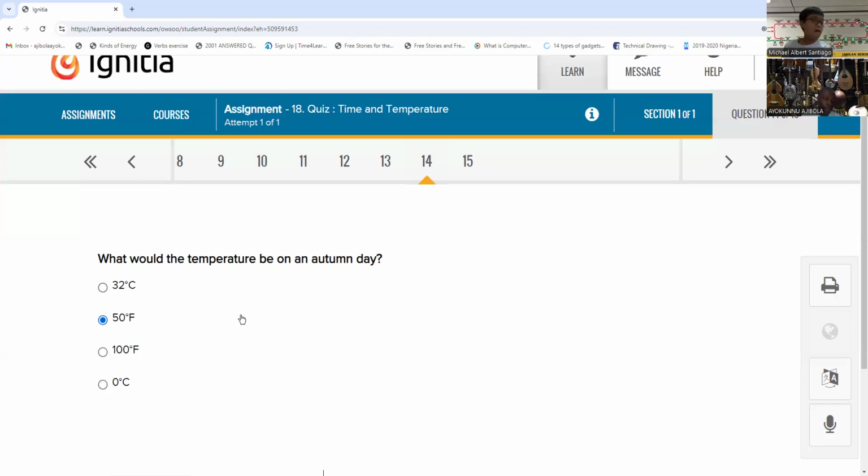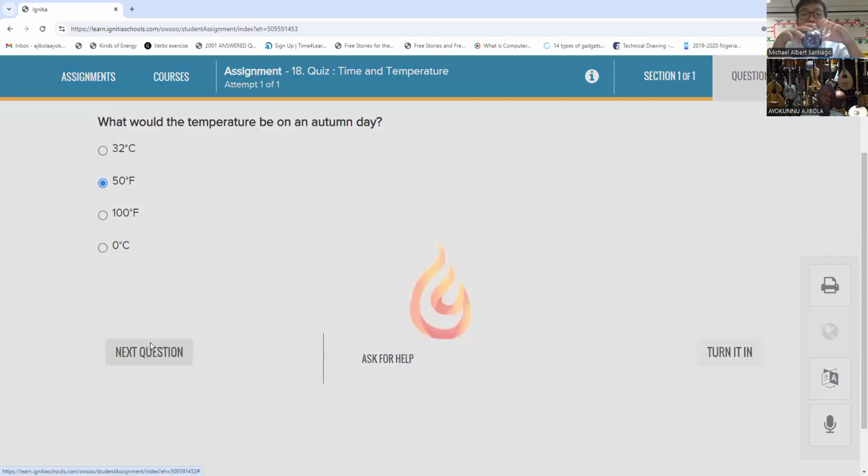Let's check 32 degrees C, okay? Let's convert it to Fahrenheit. That's 32 times 1.8, okay? But that is even higher than 50 Fahrenheit. Is that clear? Yes. That's 89. So this option is the best.